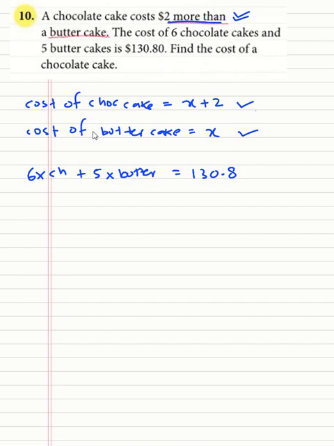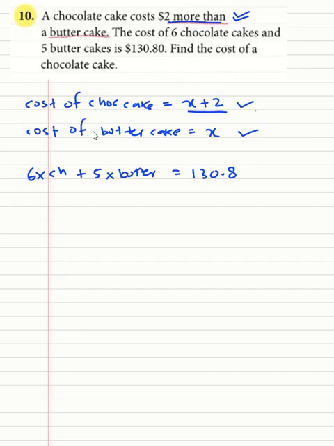So whenever we have to find out the total value of anything, we multiply the number of things by the value of one unit. So here the chocolate cakes are 6, and every chocolate cake costs x plus 2. This x plus 2 is the expression for the cost of one piece.